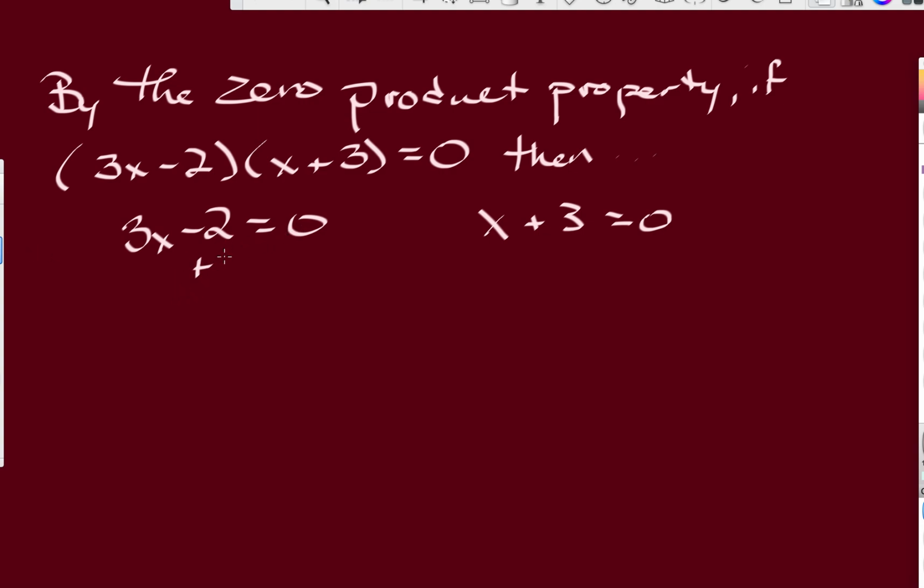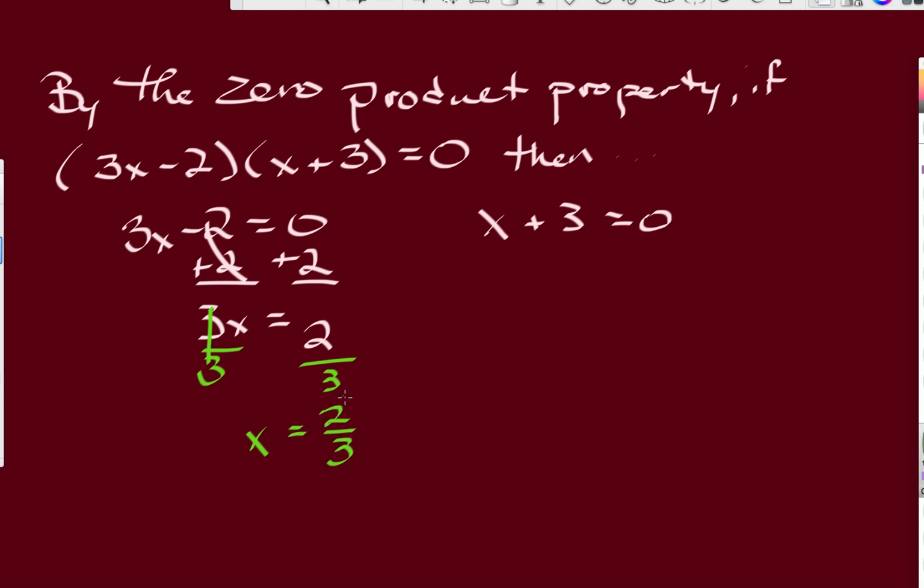We're going to add 2 to both sides. And that goes away, and that is 2, so 3x equals 2.